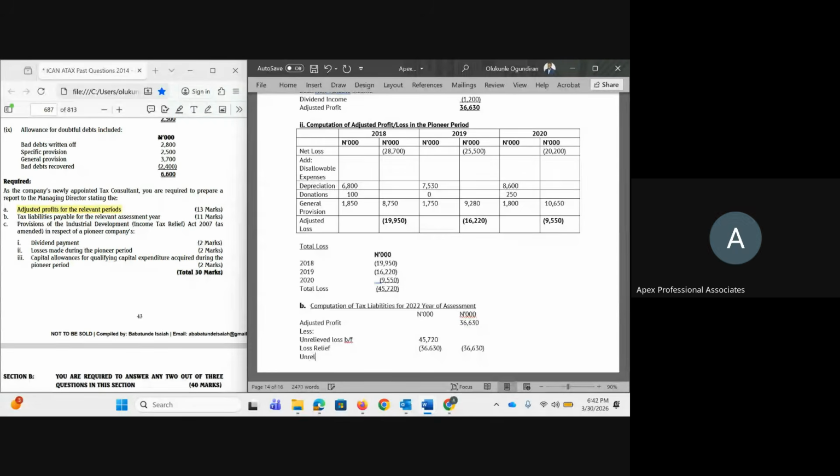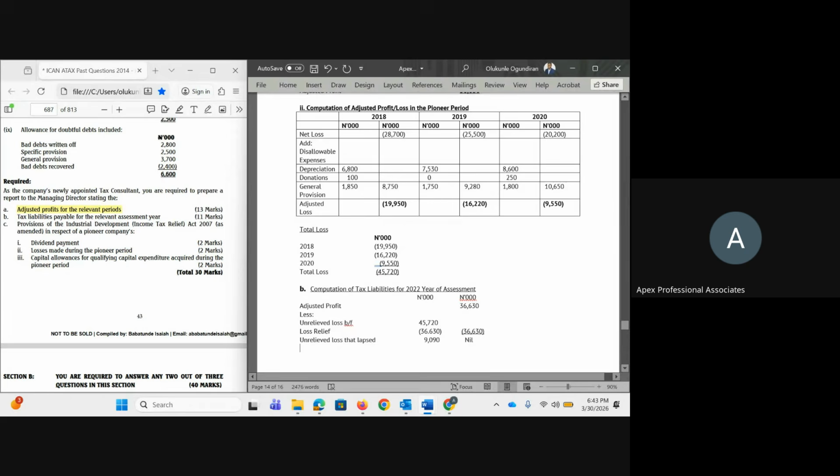Unrelieved loss. Here I now have nil. Yes, nil. The next thing I need to show is my capital allowance.